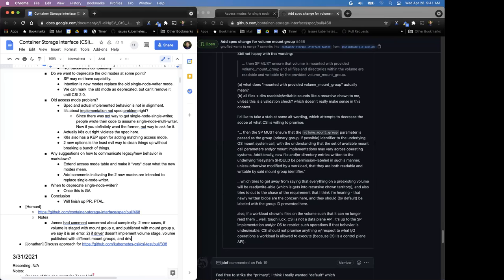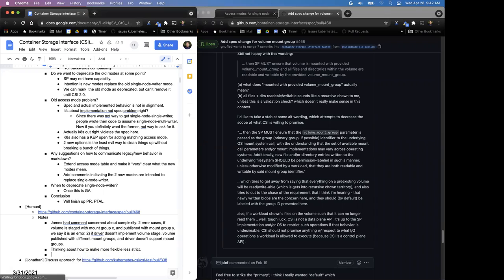So I was thinking about what we could do to make the spec, at least to begin with, less flexible and more strict, so that the error handling can be squashed. We could outright say that node stage and node publish must use the same volume mount group, as well as all instances of volume mount group for the same volume on the same node, like the single node multi-write use case that Chris was proposing.